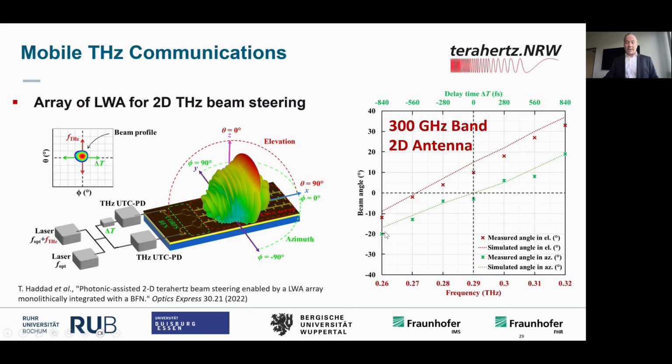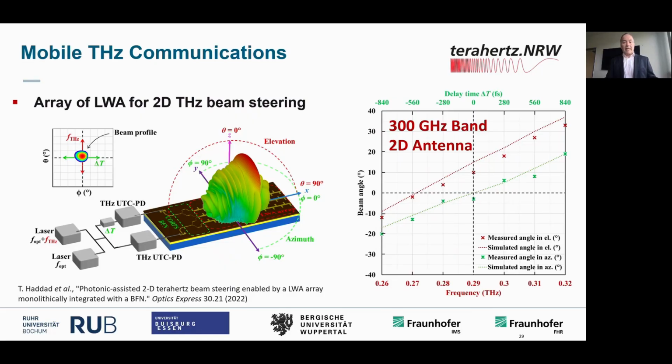So in both polarizations, green is azimuth and red is elevation, we can steer the beam from about -20 to +20 for azimuth and -10 to almost +40 in elevation. So in both cases, something like 40-45 degrees of beam steering, but two-dimensional. We can steer in azimuth and in elevation independently, and that allows us to do 2D beam steering.